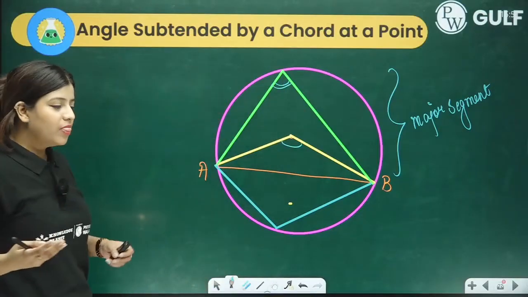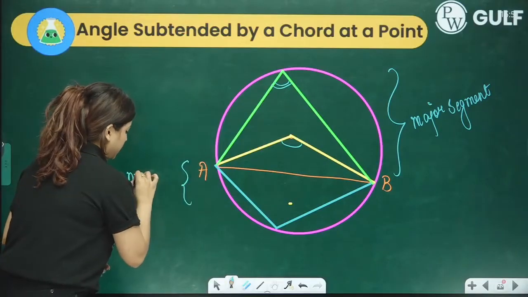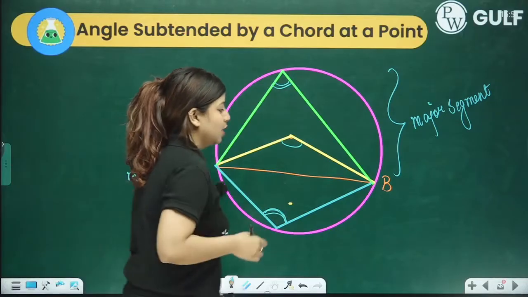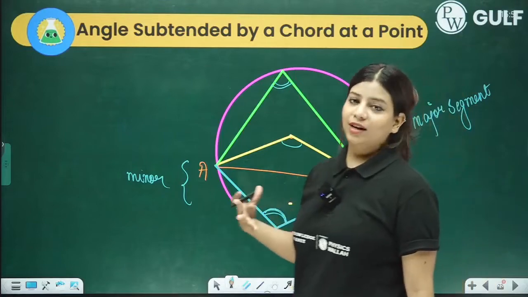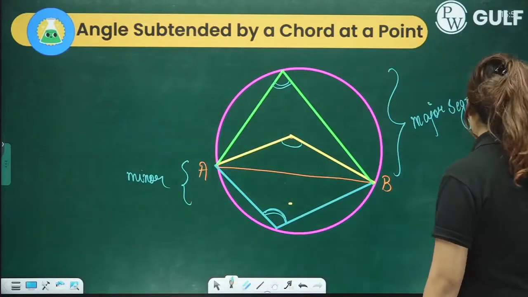The third one is in the minor segment. So basically a chord can subtend 3 different angles in a particular circle. I hope that this is clear to everyone.